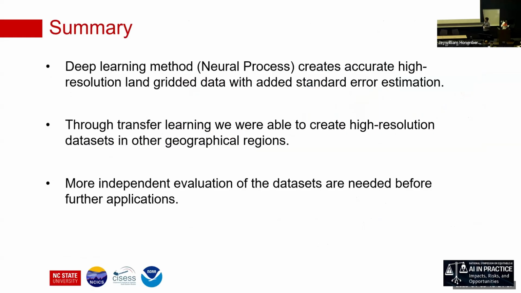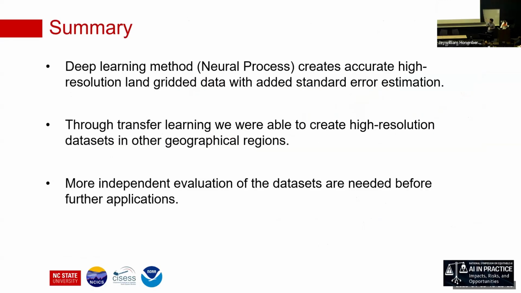So just to conclude, since I only have 2 minutes left, we do find that deep learning methods, in this case neural process, can create accurate estimation of the temperature and climate conditions with added standard error. That's an added benefit for us to understand the uncertainty of those data sets.